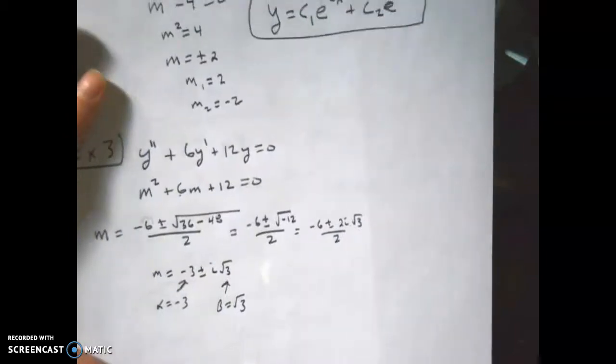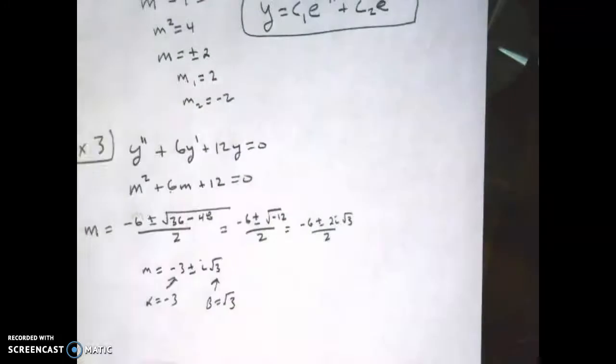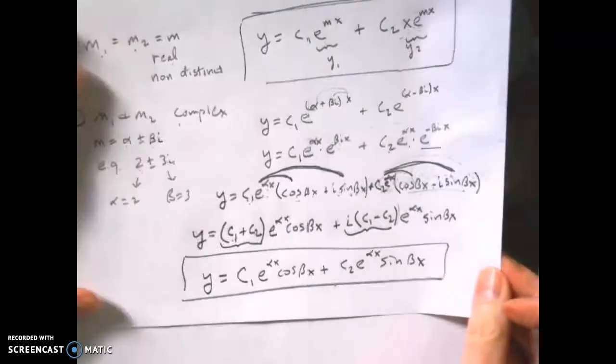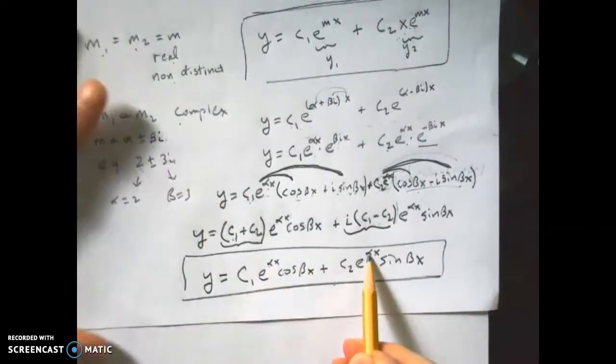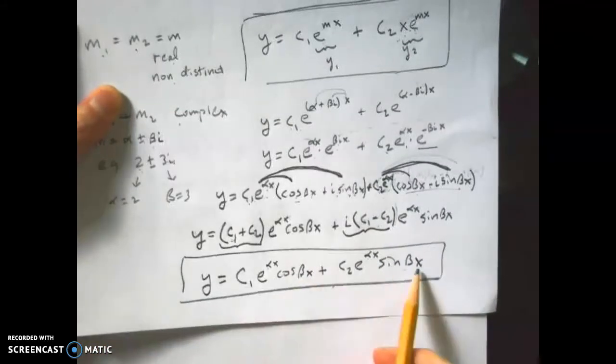Okay, so now we'll go to this right here. These are imaginary, complex solutions, so we look at the one down at the bottom. We're going to plug in alpha here and here, and then we're going to plug in beta here and here.